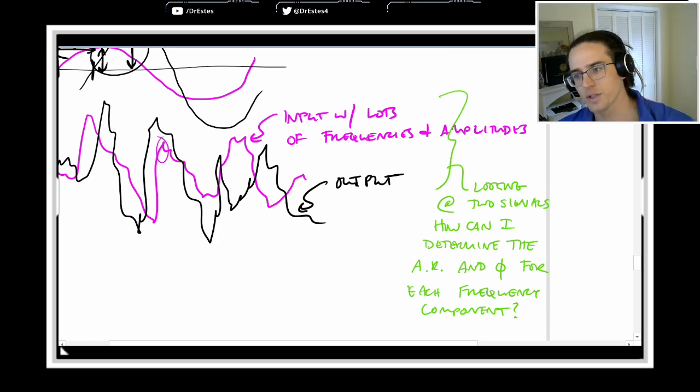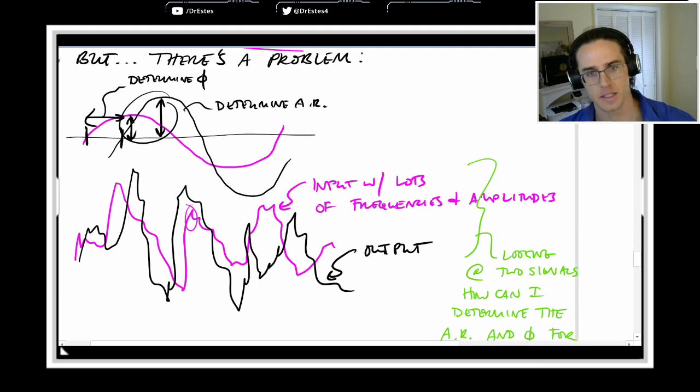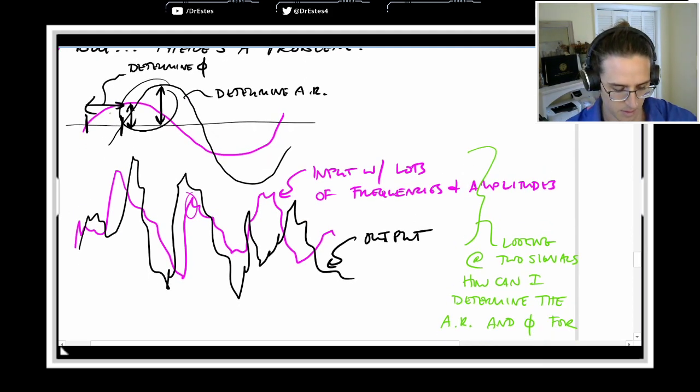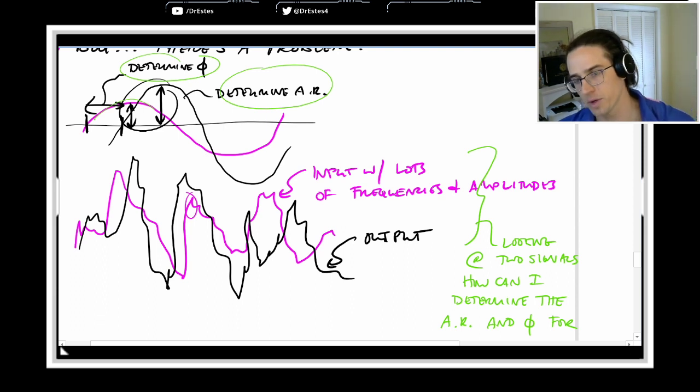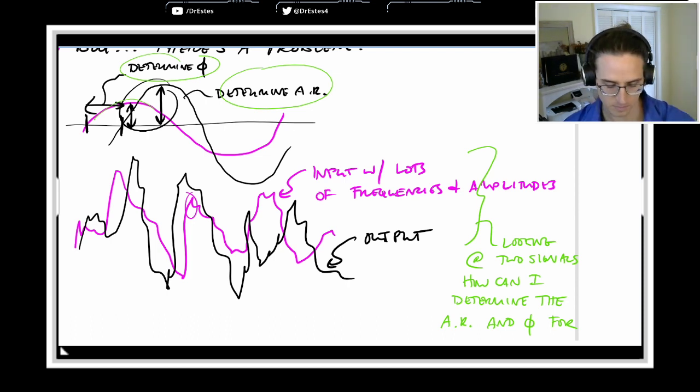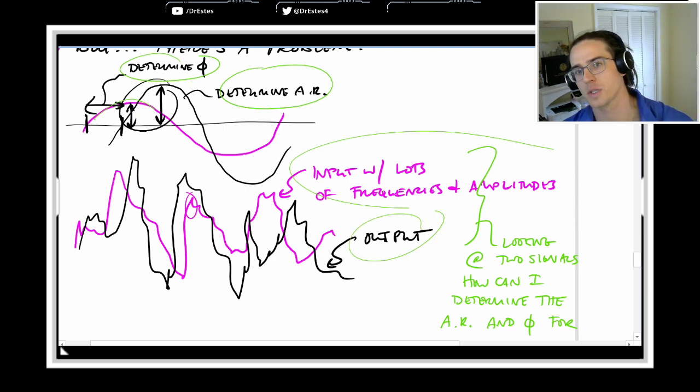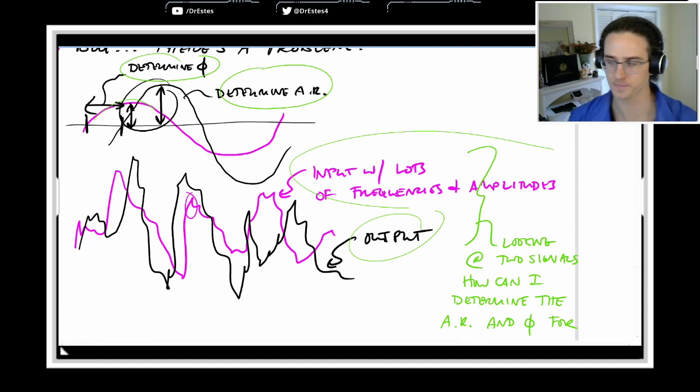Because the advantage of running one test at a time is at least it's very clear how the amplitude ratio and the phase are related at a given frequency, because each test just gives you clean signals with a certain frequency. When everything's combined, now the problem becomes, how do I parse everything out?